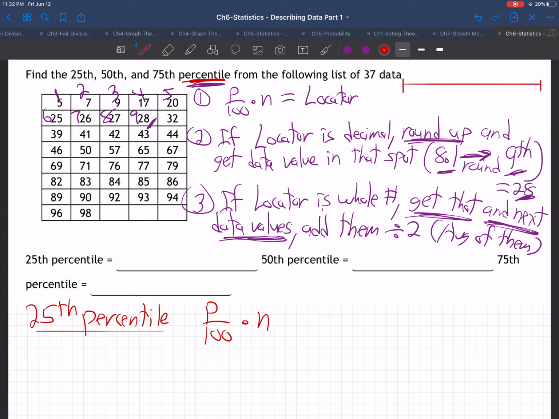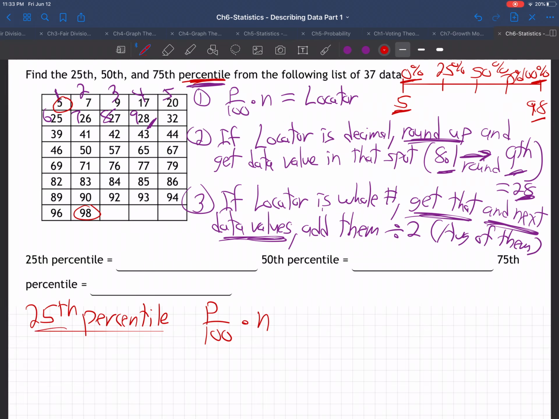This is going to be the 0 percentile, and this is going to be the 100 percentile, and halfway through is 50, and a quarter way is 25, and 3/4 is 75. Notice we're laying out data. What's the lowest data value? 5. All the way to the highest. What's the highest? 98. So we're giving percentile rankings to the numbers. A 0 percentile means it's the lowest number in the list, and the 100 percentile is the highest number. So it's just a percentage system of laying out the data values from the lowest one up to the highest one.